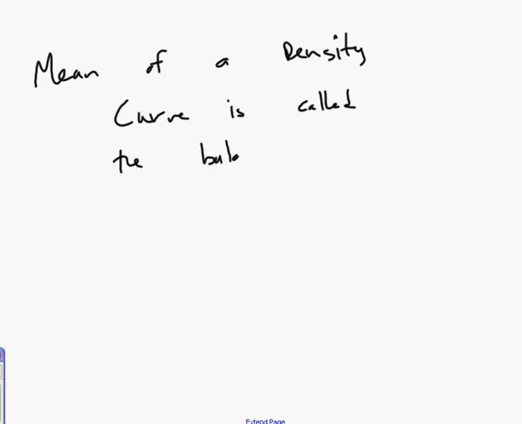Well, the mean of a density curve is called the balance point of the distribution.